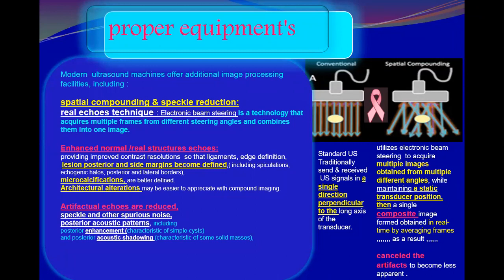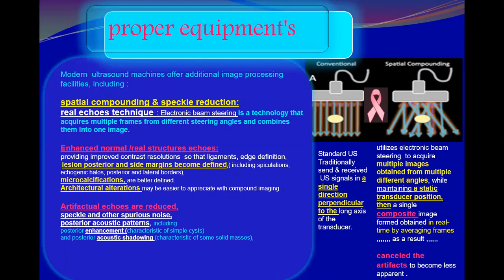And also it reduces artifactual echoes like speckles and other spurious noises. However, not only that, even the beneficial artifacts like posterior enhancement and acoustic shadowing, characteristic of the lesions, can also be reduced by spatial compounding.